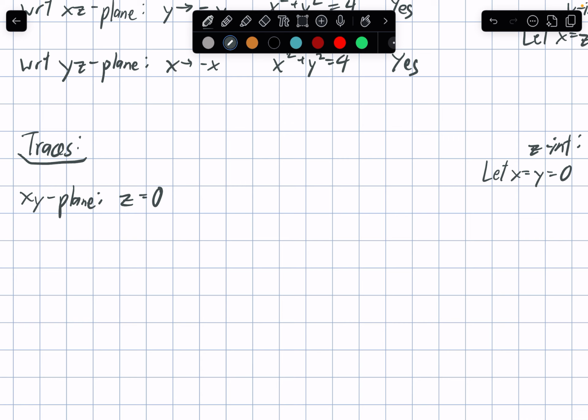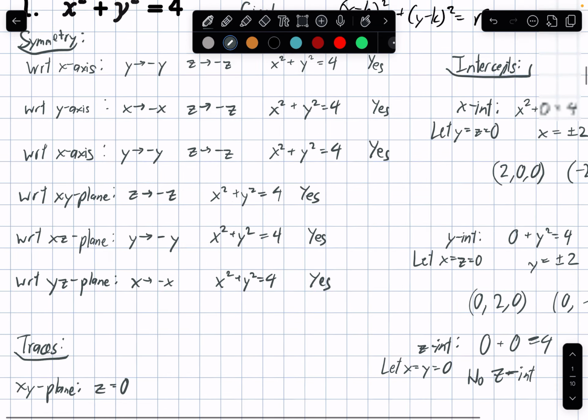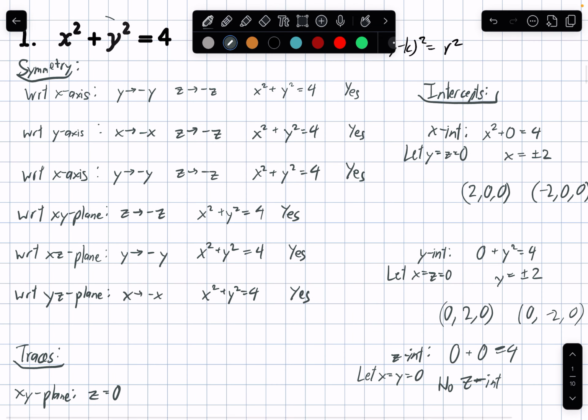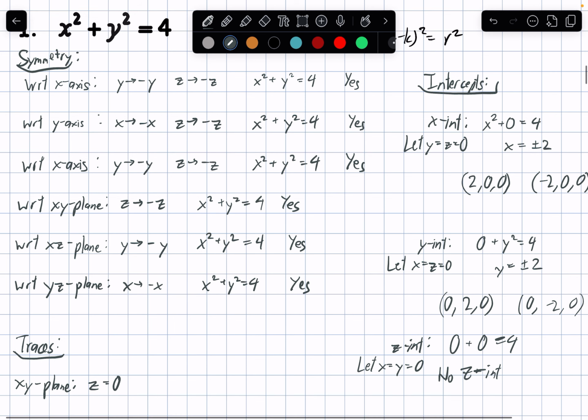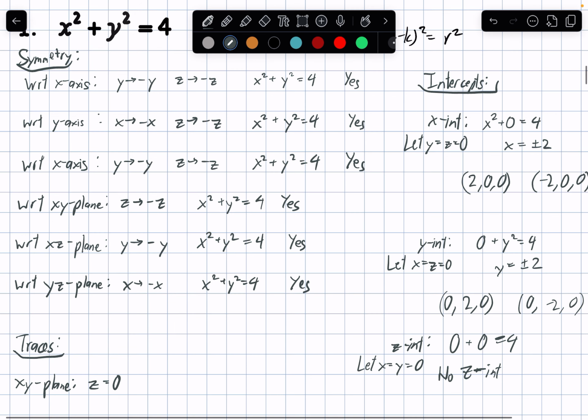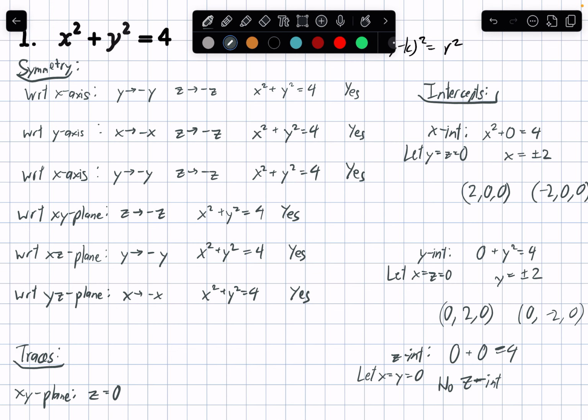What's next? Kind of forgot already. Okay, so we go back to what you are given, the equation. Z is 0. You substitute z in the equation, but you see that there is no z.